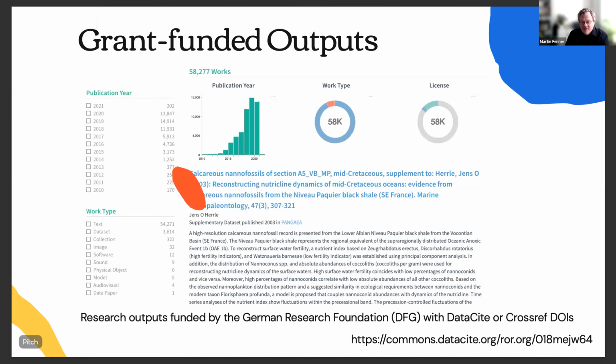A more typical PID graph output, and that's also a Jupyter Notebook, and this is the DataCite Commons version. I want to find all research outputs funded from a particular funder, and then I want to do something additional with that, a second step.